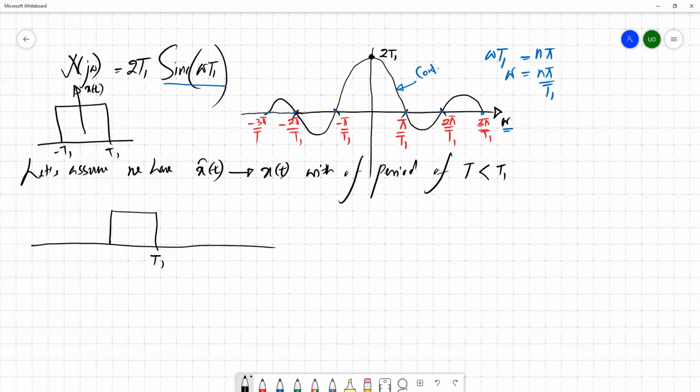So this is the derived function x tilde t.